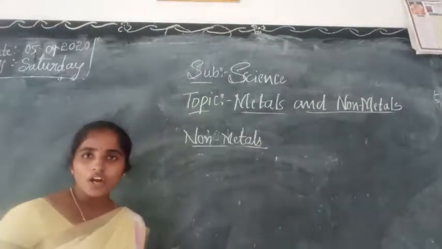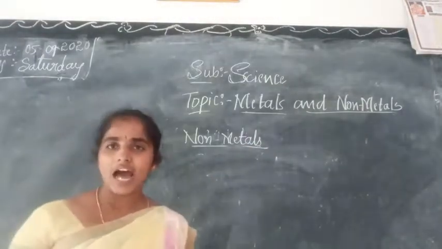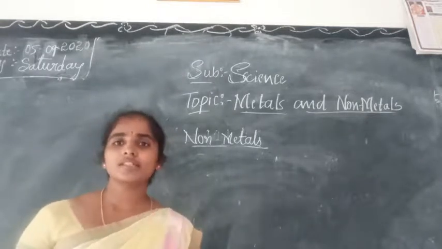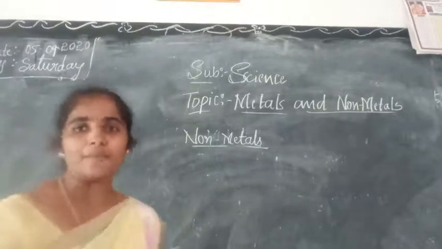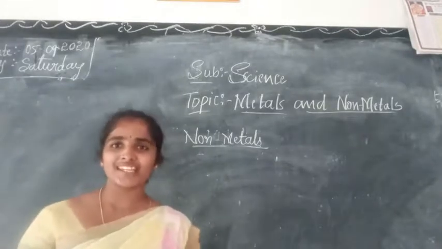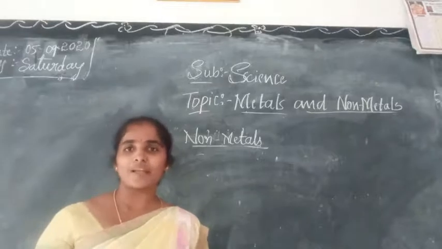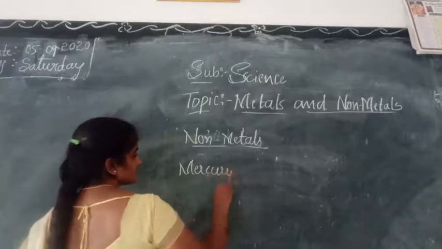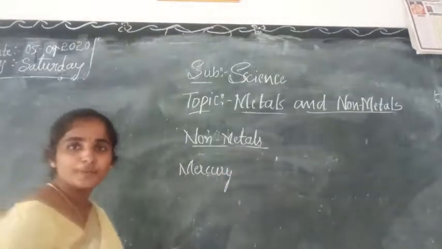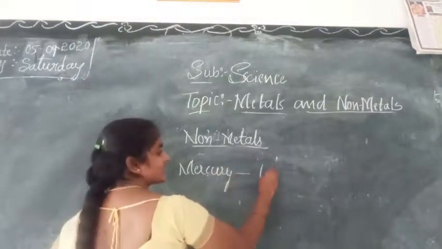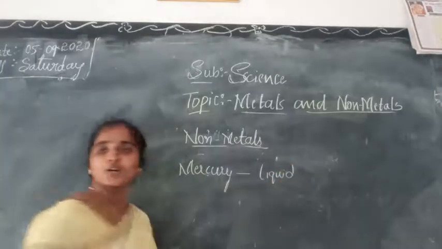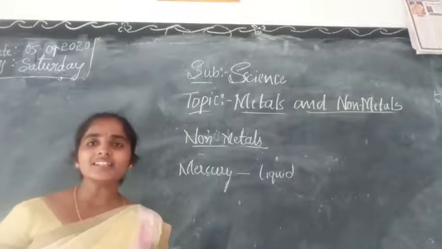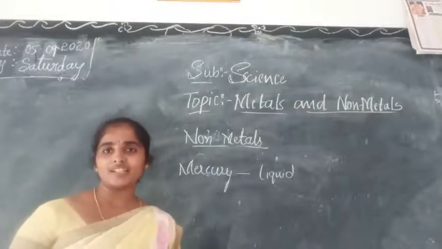We know that all metals are solid at room temperature. Is it right? All metals are solid at room temperature, except mercury, which is a liquid. Another one: metals have a high melting point. Is it right?